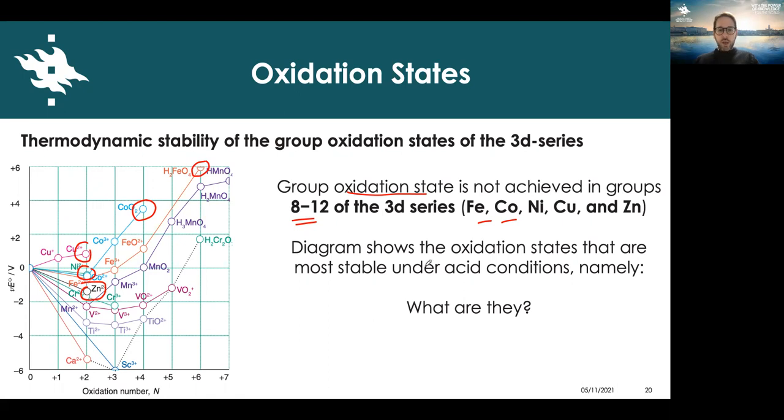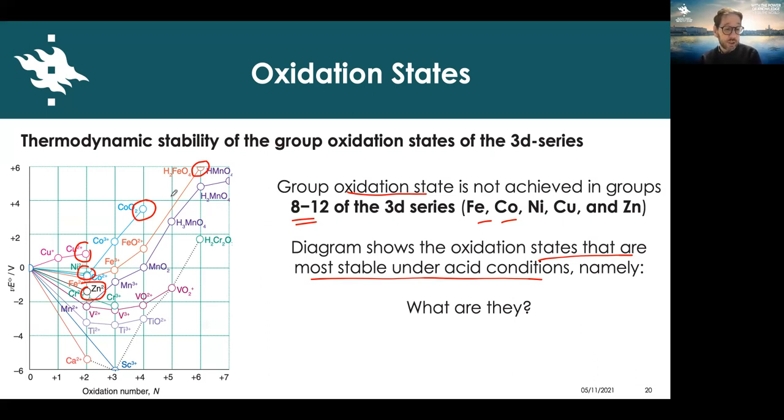So this diagram also shows the oxidation states that are most stable under acidic conditions, right? Because this diagram was constructed under acidic conditions, and from it we were discussing the group oxidation numbers, their relative stability, and tendency to be reduced or not.